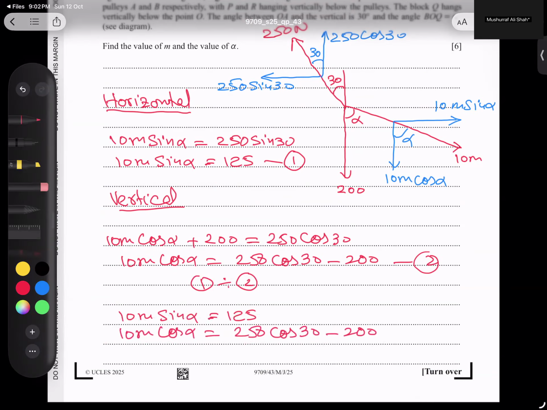So I make it one equal sign only and divide them. I believe it's nothing hard to understand. 10m will cancel out and I get tan alpha, and this is the whole thing as it is. And when I take the tan inverse of this whole thing, let's see what the answer turns out to be.